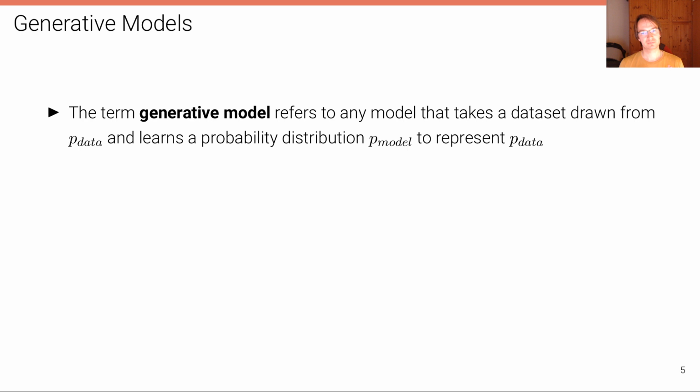So let's briefly also recap what a generative model is. The term generative model typically refers to any model that takes a data set drawn from a data distribution P data, and that generative model learns a probability distribution P model to represent P data in some way. Either that we are able to evaluate the likelihood for a particular data point, that we are able to do inference, or that we are able to draw samples from that distribution.